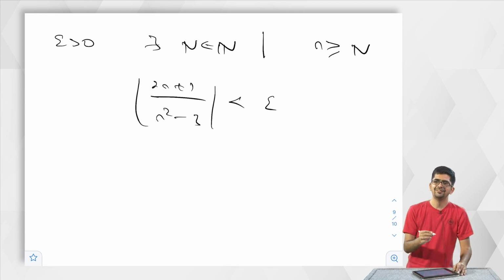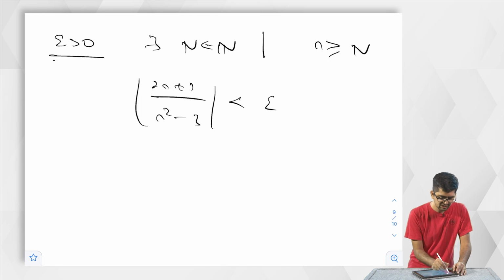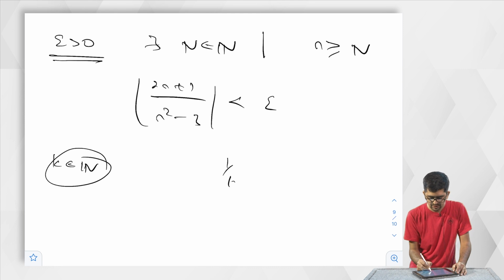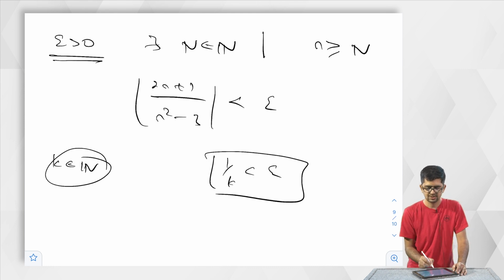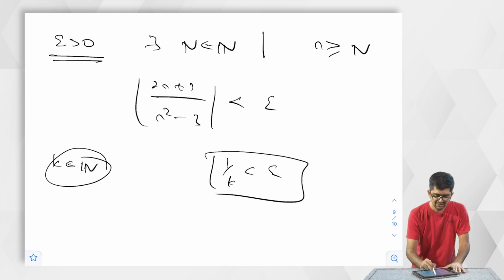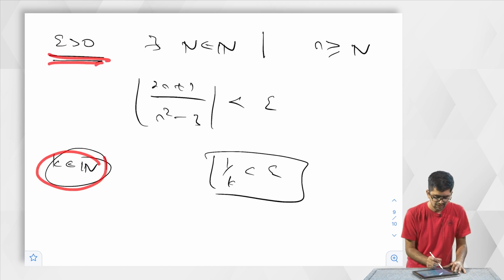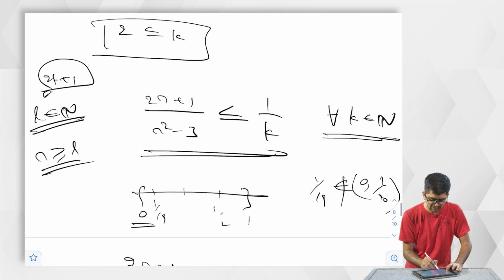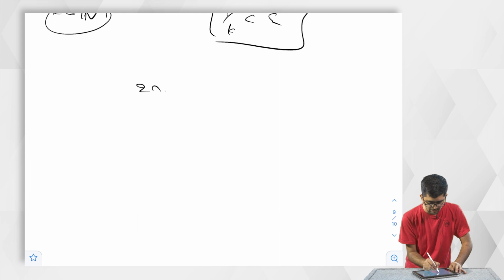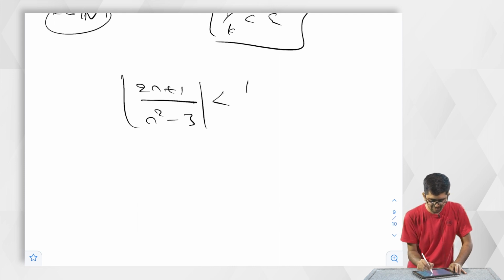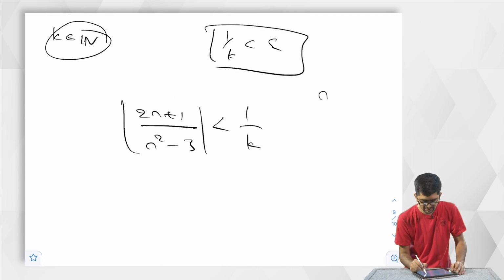So we know that given epsilon positive, one can find a k belonging to the naturals such that 1/k is less than epsilon. This is the Archimedean property. So one can use this k, and for this k we already know that (2n+1)/(n²−3) is less than 1/k for every n greater than or equal to 2k+1.